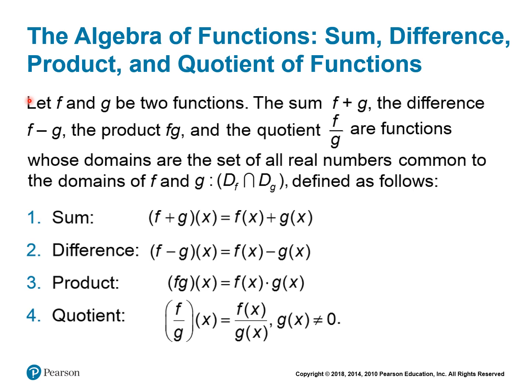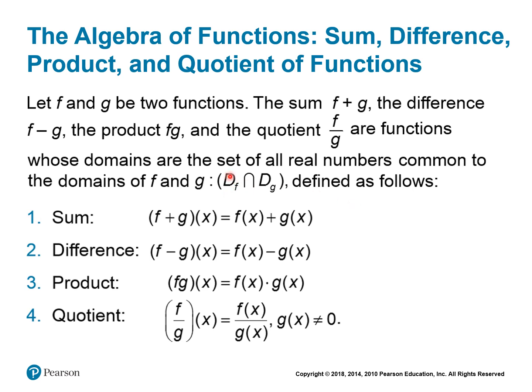Now that new function, which is formed by combining two functions, will have its own domain, and the new function's domain will be the common domain between f and g.